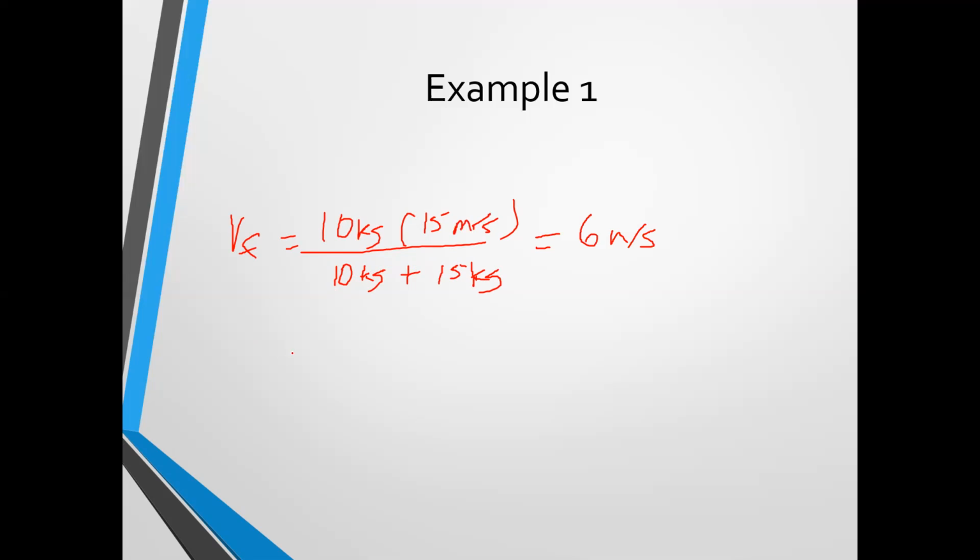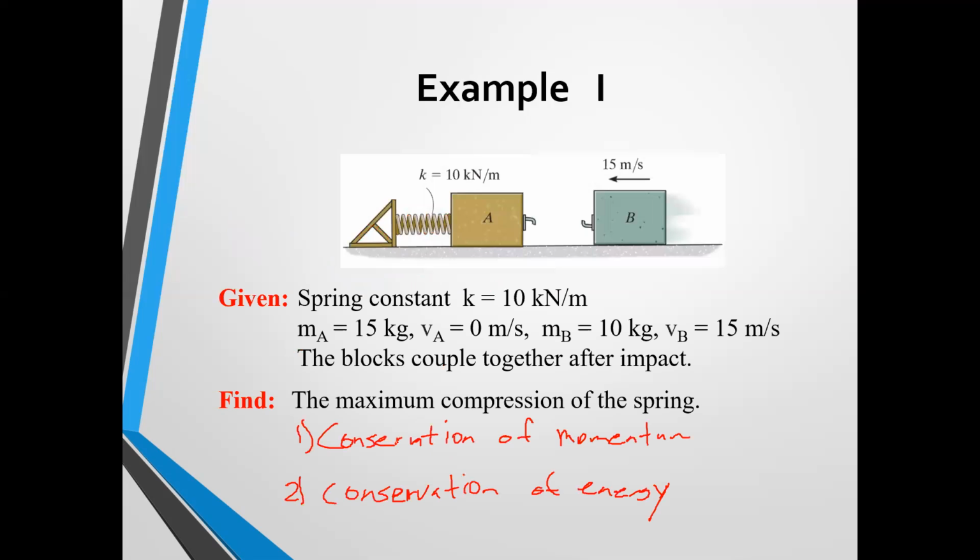All right, so there we are at 6 meters per second. So that's our initial problem. We did the first one, which is conservation of momentum. Let's look at conservation of energy now.